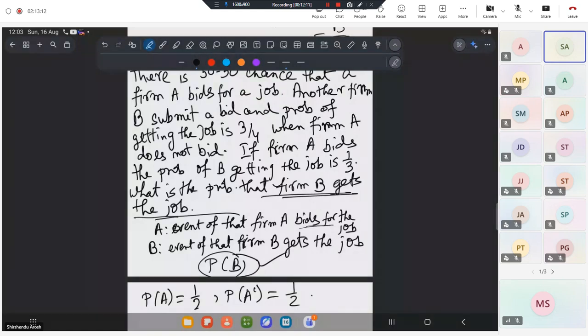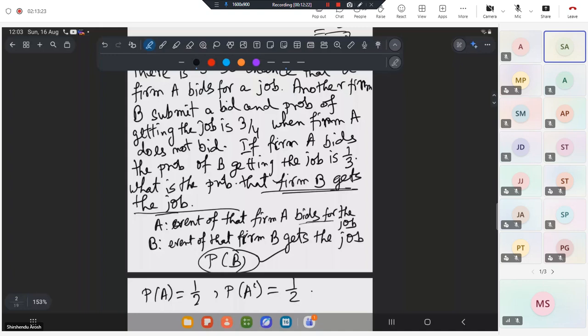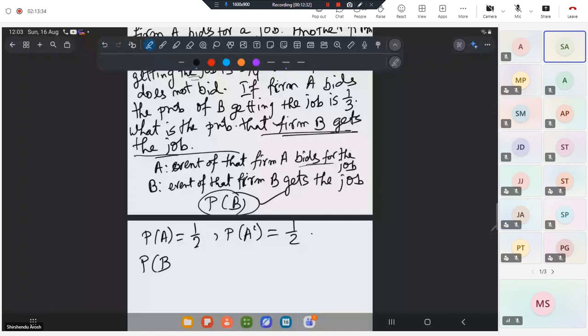So what is given is that B is getting the job, given that A has not bid for the job. That means the probability that firm B is getting the job, given that A has not bid for the job, is 3 by 4, and the probability of B getting the job, given that A has bid for the job, is 1 by 3.